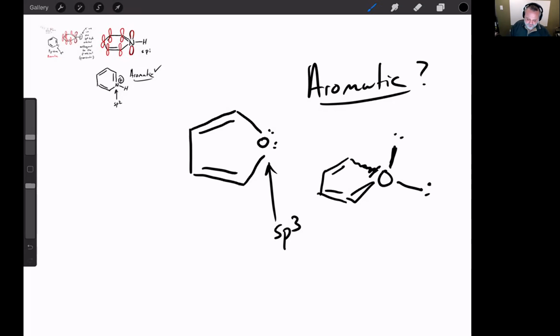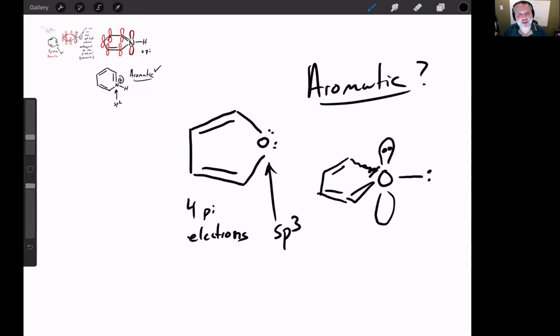And it has 4 pi electrons. But what did we say before? If the thing could rehybridize to gain some aromaticity, then it will. Since it has 4 pi electrons in double bonds, one of the lone pairs can participate in this rehybridized system, and so it will. And so is this aromatic? Yeah, it is aromatic, because it can rehybridize to form a Huckel number of electrons.